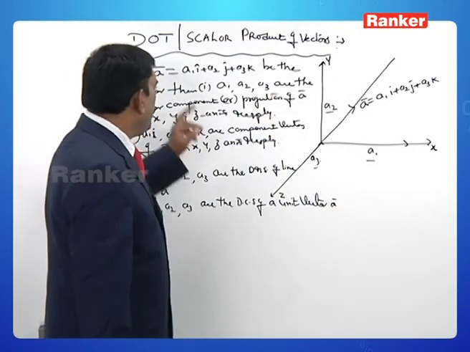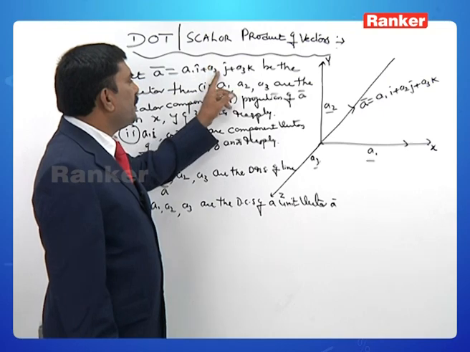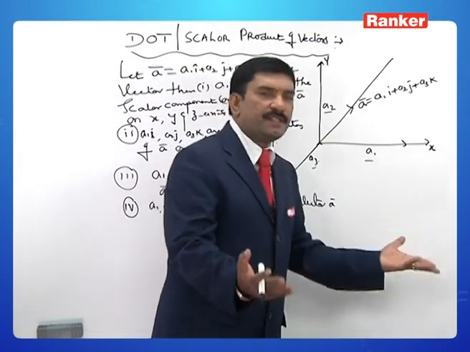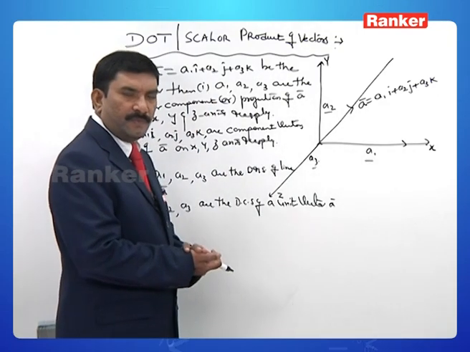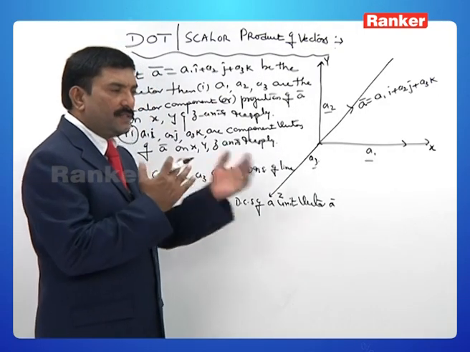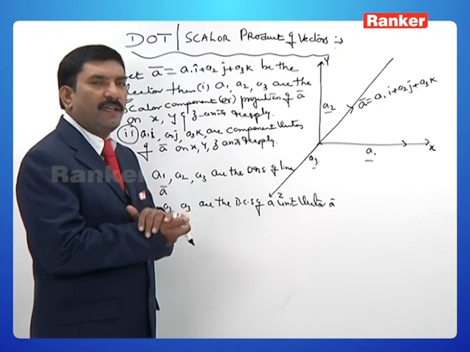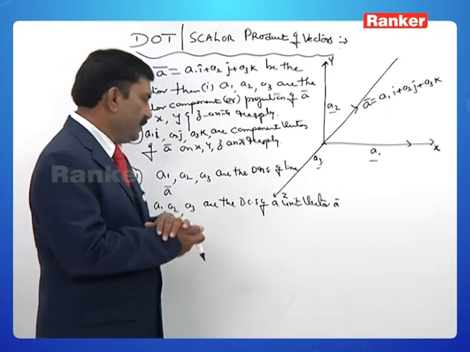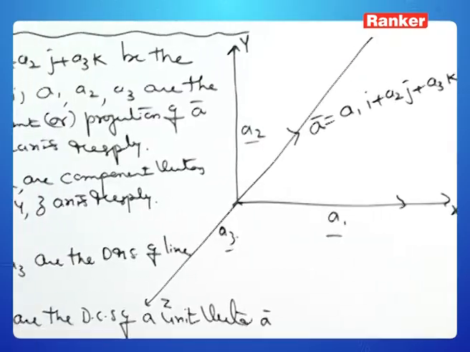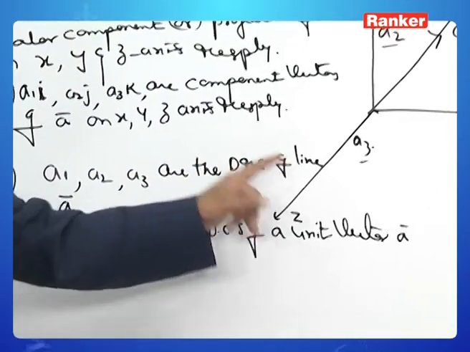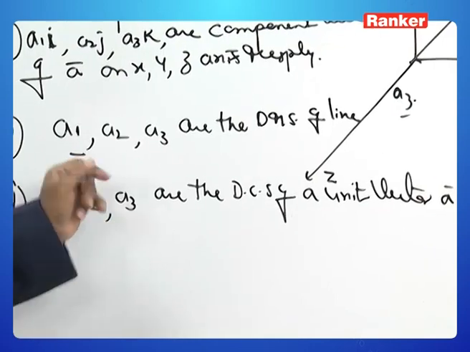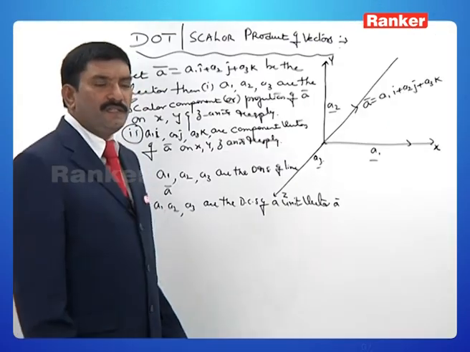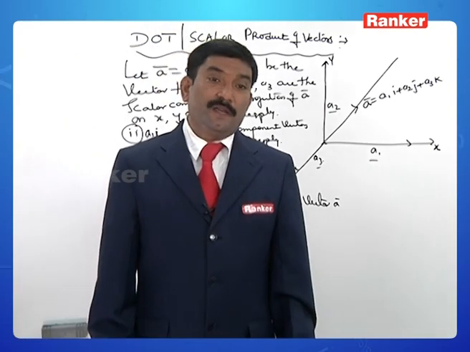Later, if I take A bar as a line or a ray or a vector, if you want a DCS and DRS treatment, better go for a line or a ray instead of a vector. Now A1, A2, A3 are the DRS of a line represented by A bar, and A1, A2, A3 are the DCS of a unit vector A bar.